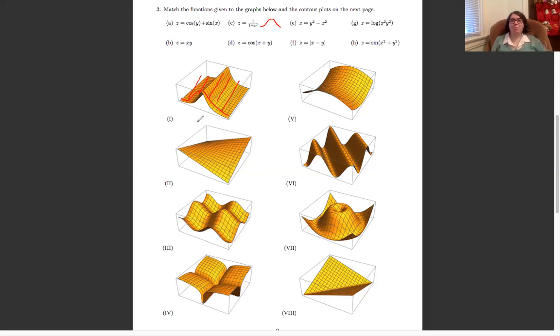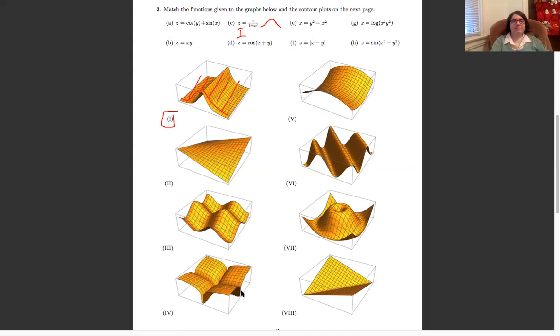It's the same no matter what Y you put in. It only changes as X changes. So I'm feeling very, very confident about saying C should be 1. It's the only one of these graphs that is not really a function of both variables, doesn't change in both X and Y.